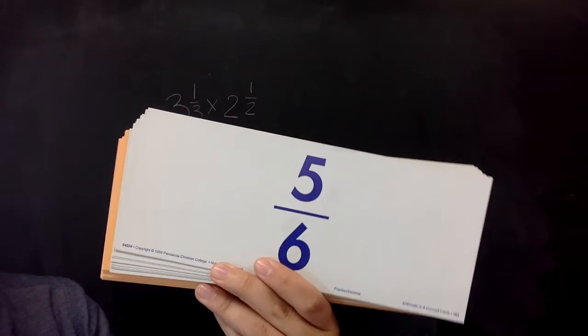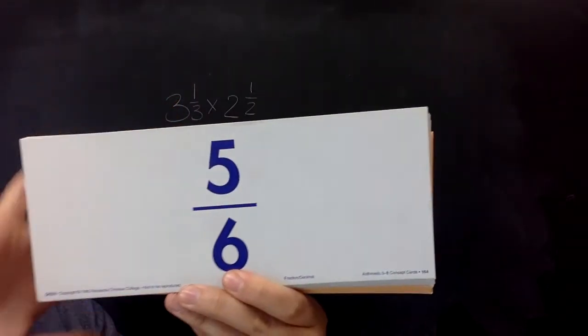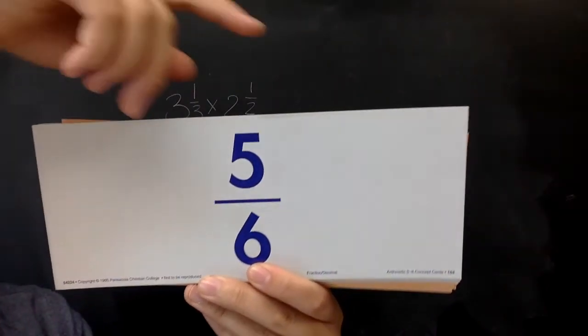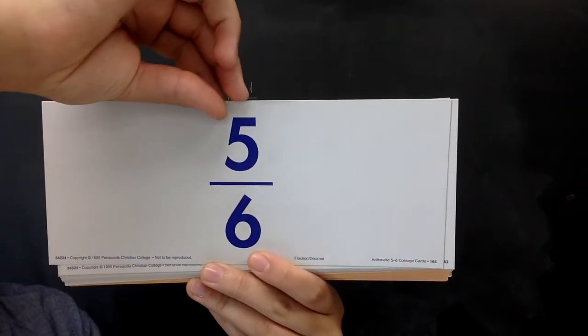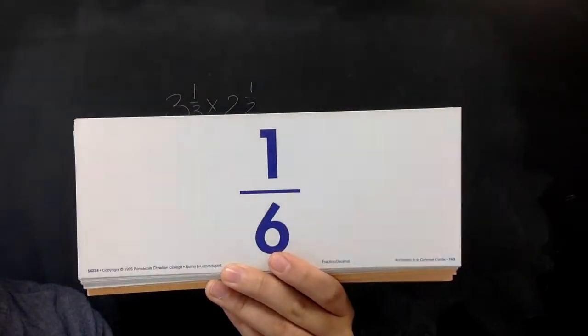Go ahead and give the decimal for the fraction. Hopefully you are learning these better by now. What is the decimal for 5/6? 0.8333 with the 3 repeating.